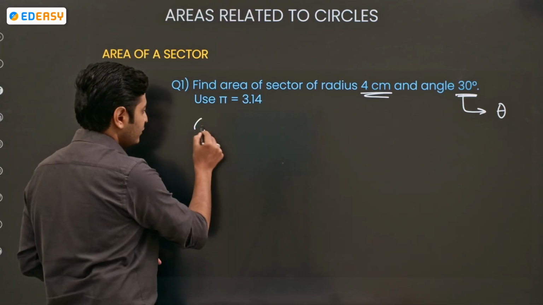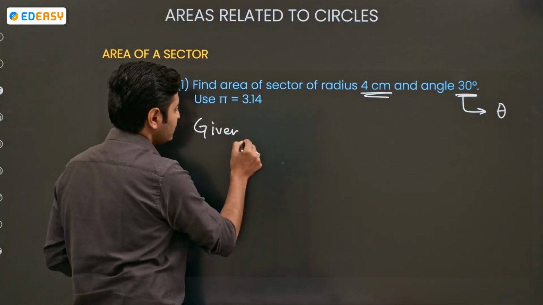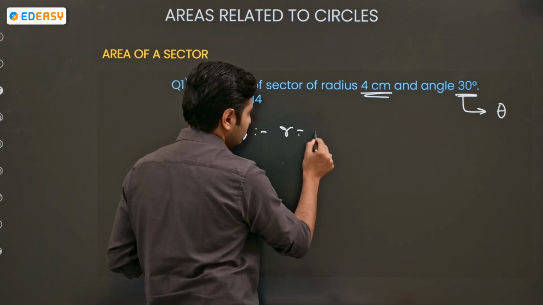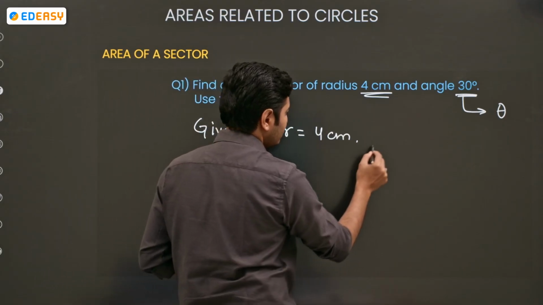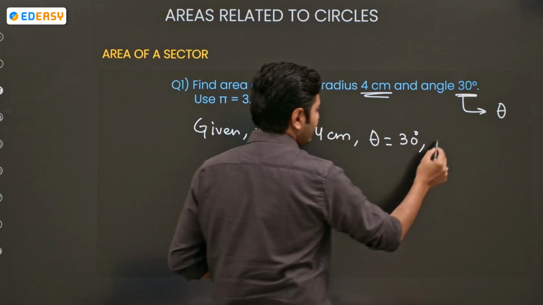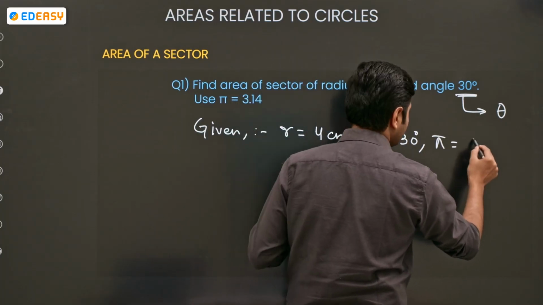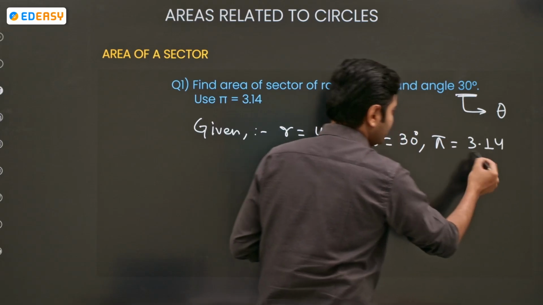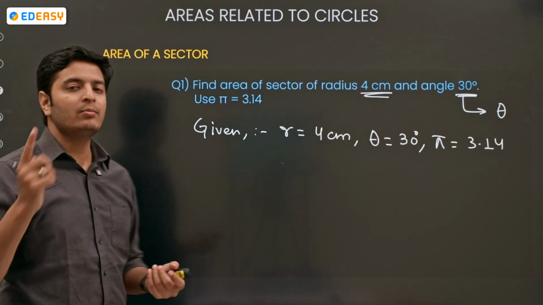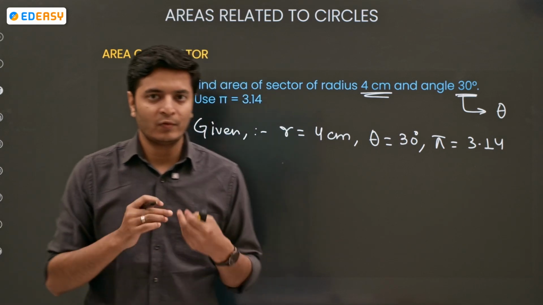First thing, we are going to write what is given to us. Radius value 4 centimeter, theta value 30 degrees, and pi we are going to use as 3.14. No need to mention it, but if you do, no problem. Again, remember the formula of area of sector. What is the formula?